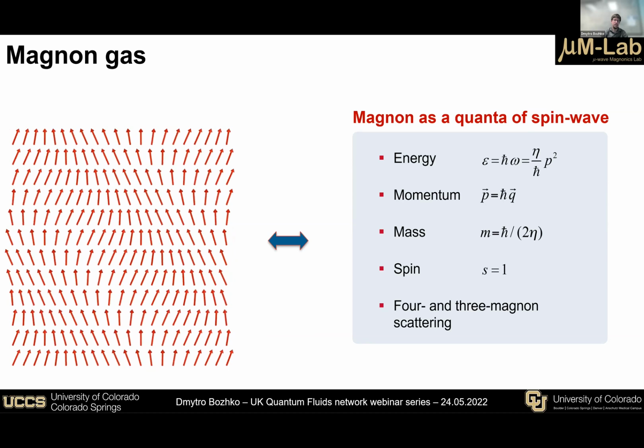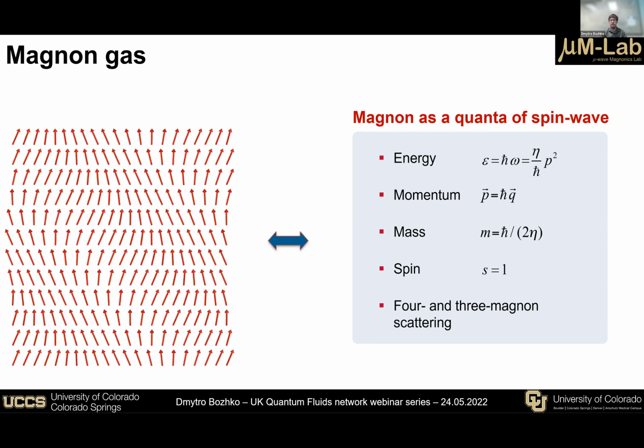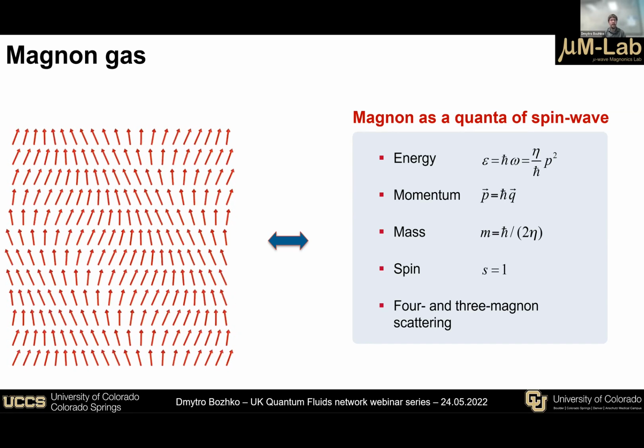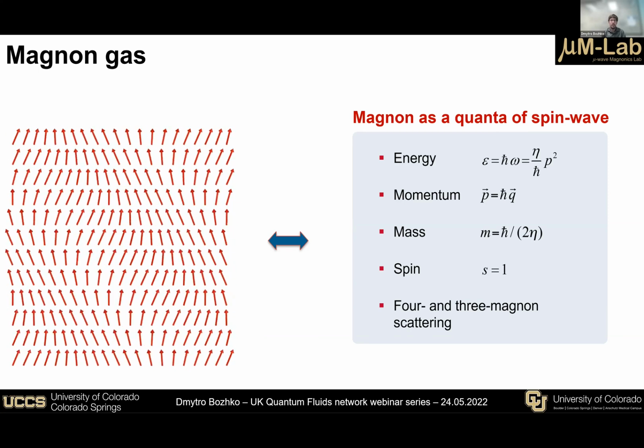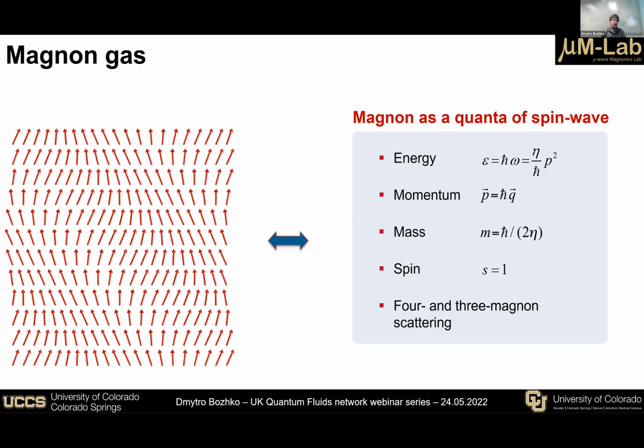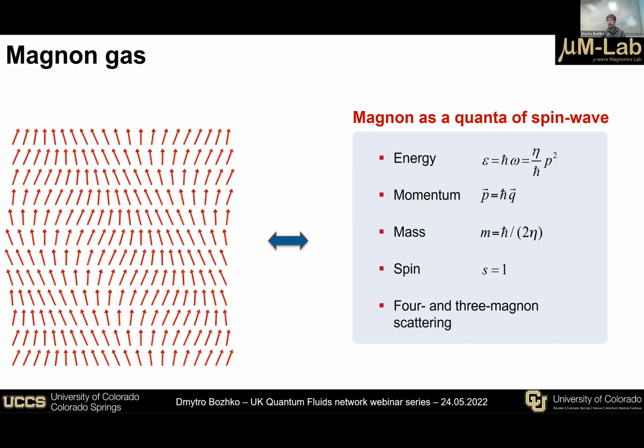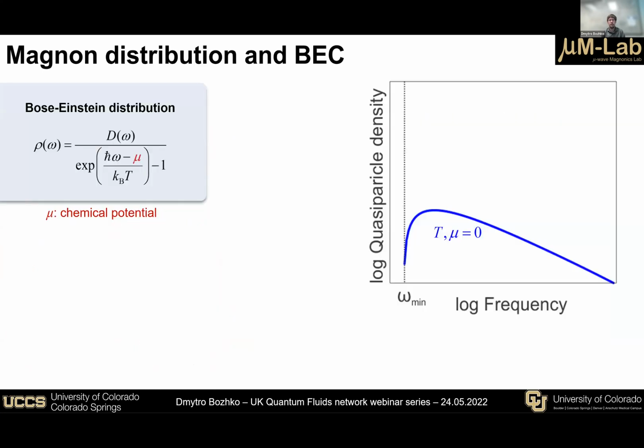If we consider this ensemble of magnons inside our ferromagnet as a gas of quasiparticles, then we can get all the interesting quantum phenomena in this gas. Of course, the distribution is described by the Bose-Einstein formula, and in log-log scale it looks like this.